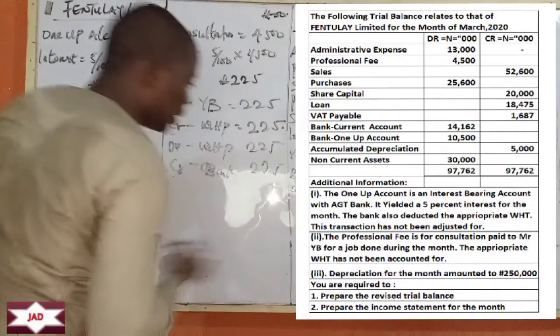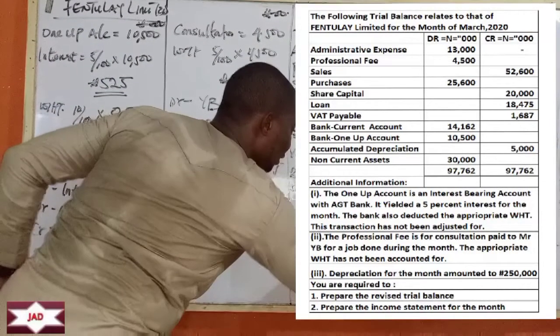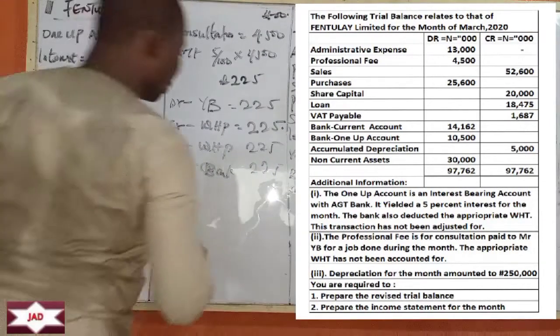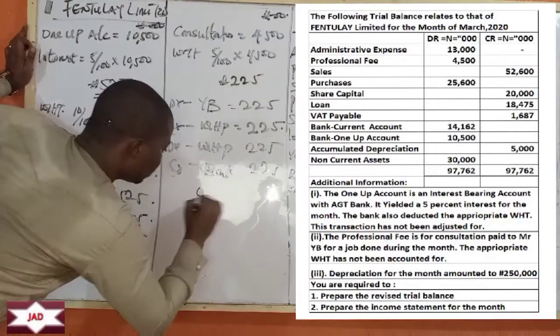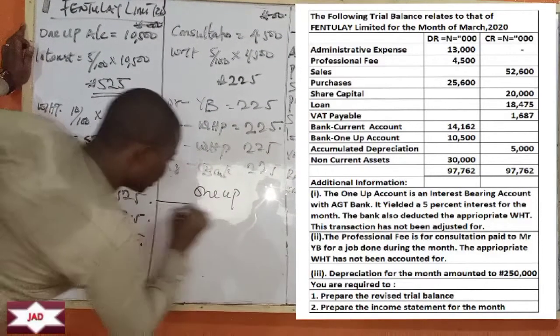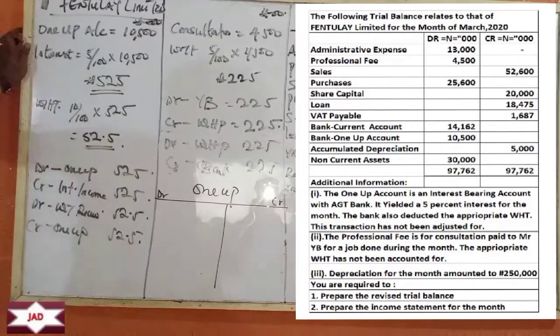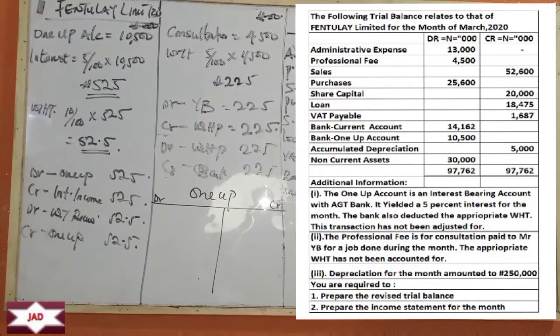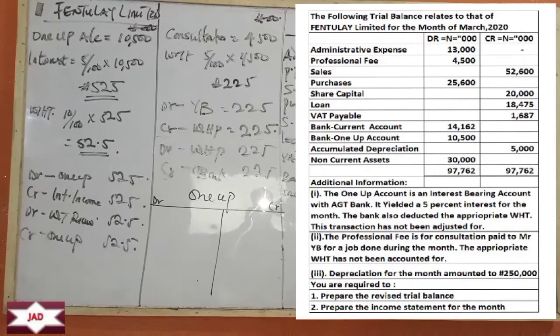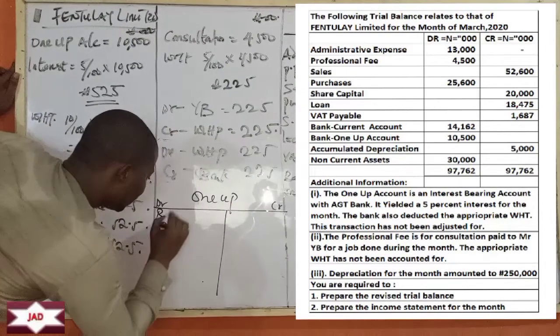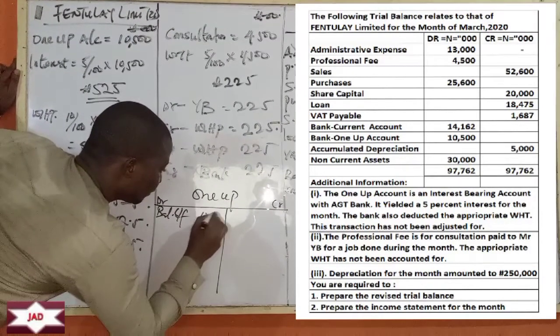Okay, let's change the marker. So we have one up, debit, credit. What's the opening balance for one up here? 10,500. So we'll say balance brought forward 10,500.